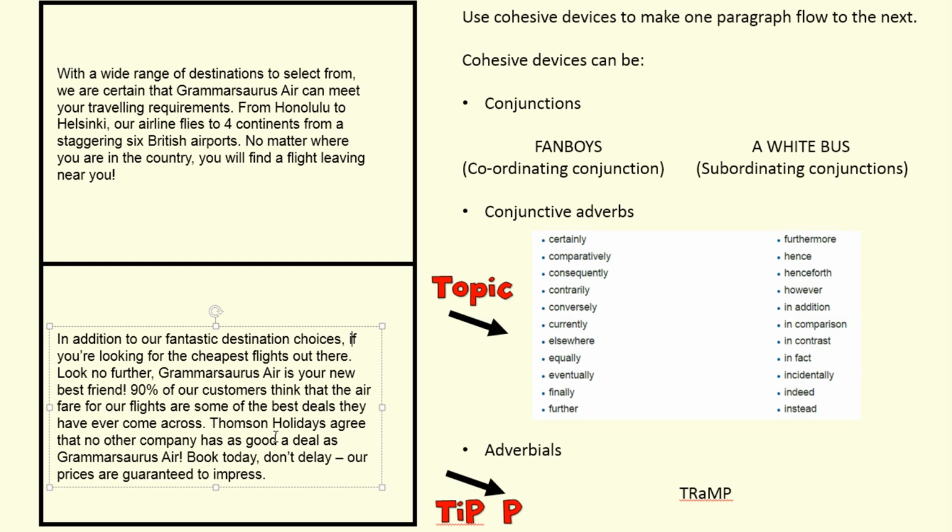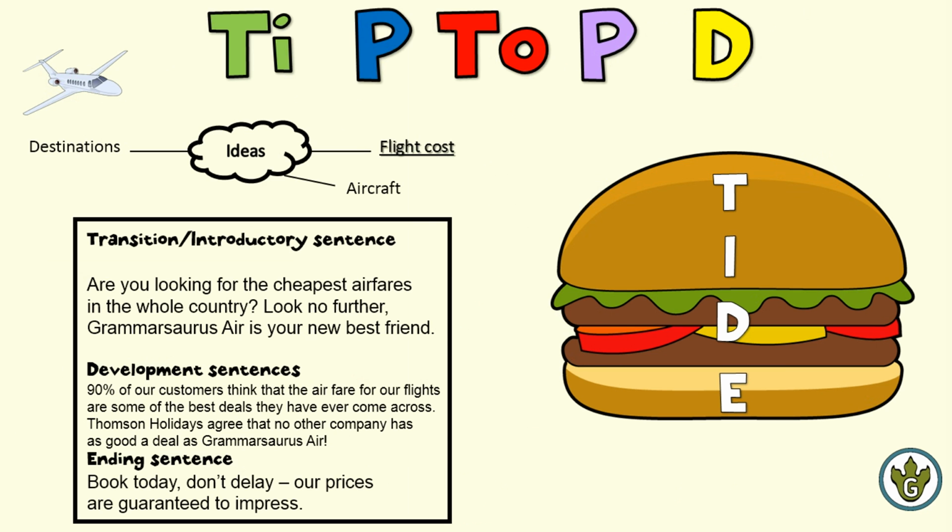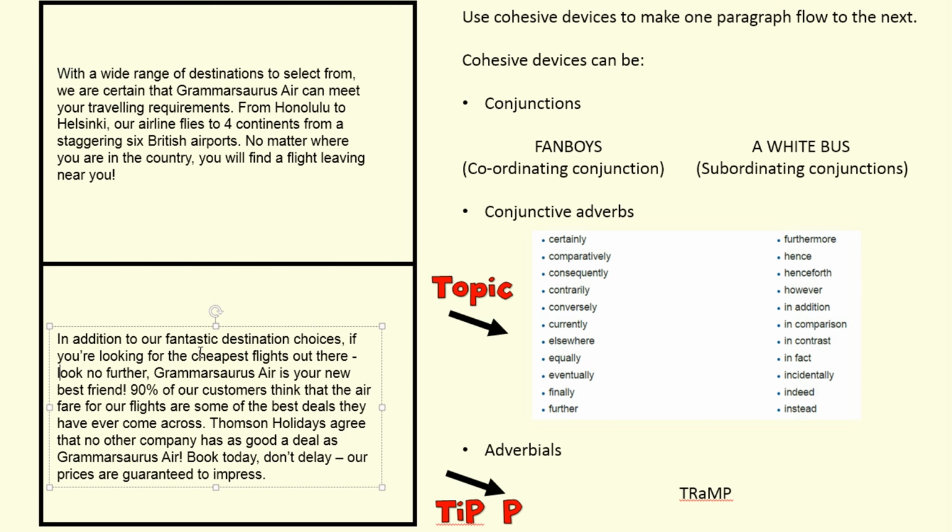Grammarsaurus Air is your new best friend. Simple as 1, 2, 3. As you can see there, I have linked this first point to my second one using my cohesive device of in addition. Simple, done.